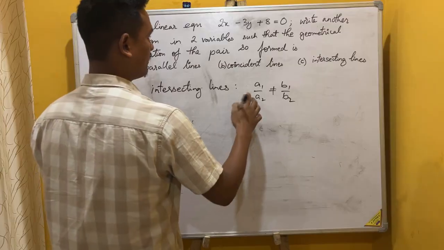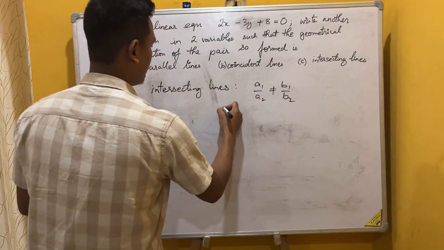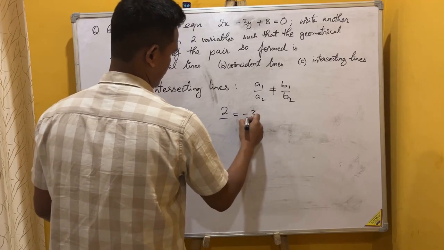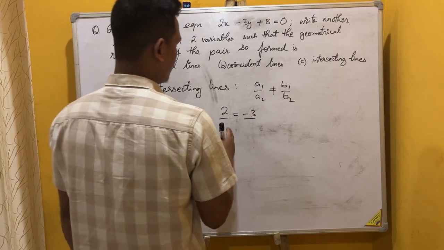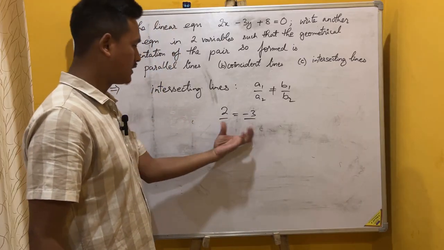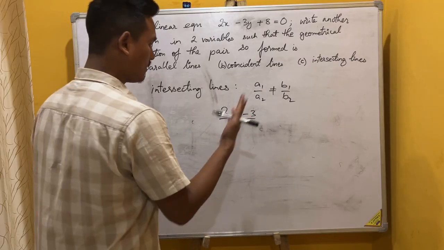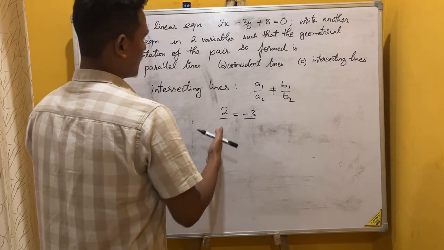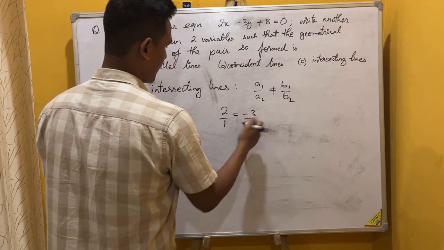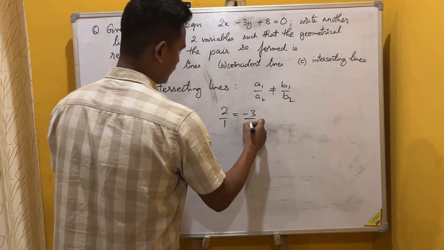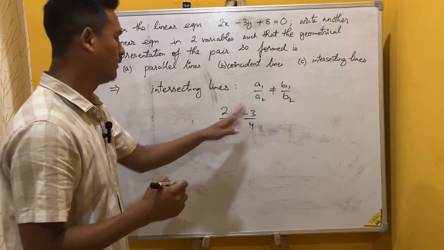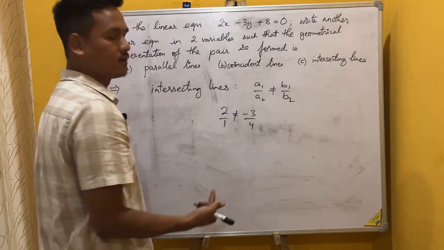So we have from this one a1 is 2 and b1 is minus 3. So you choose two numbers such that the ratios are not equal. So I can write 1 and 4. So this is basically 2 not equal to minus 3 by 4.